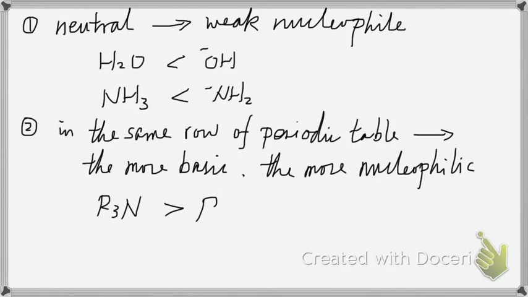in the same row of the periodic table, the more basic means the more nucleophilic. For example, amines will be more nucleophilic than alcohols. This deals with the electronegativity of the atoms. So now we are comparing nitrogen to oxygen.